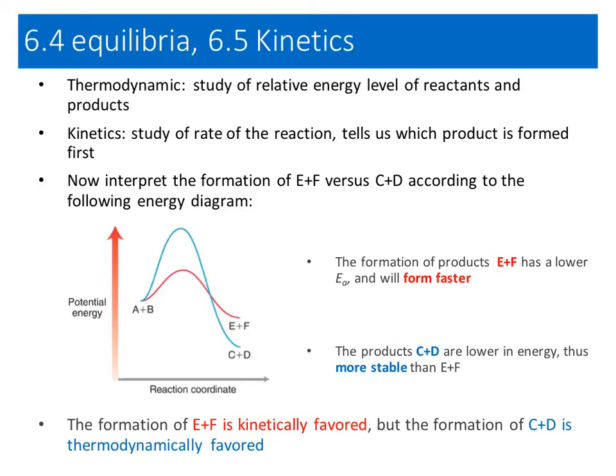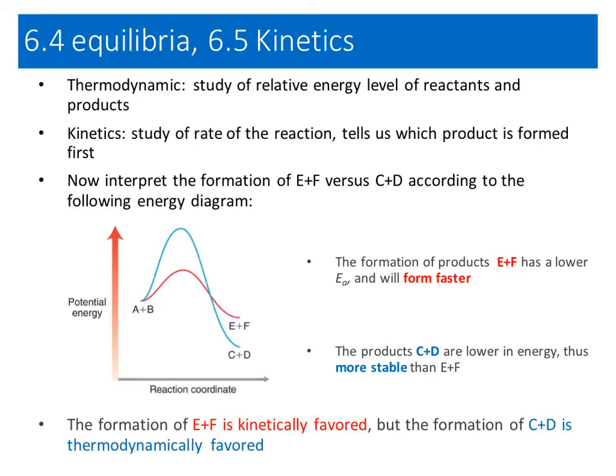However, the energy is sufficient to help the reactants pass through this lower bump to form the kinetic products. Now, if we increase the temperature, we are providing more energy for the reactants to jump over this high energy barrier and form the thermodynamic products.